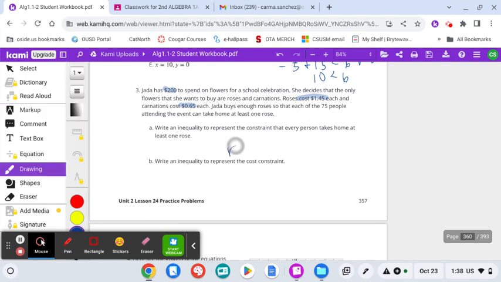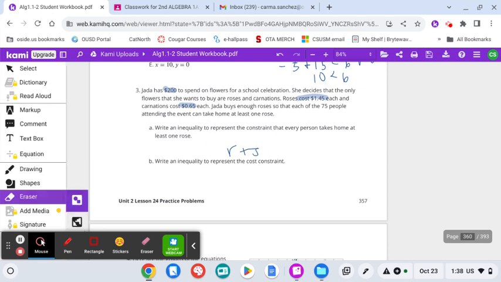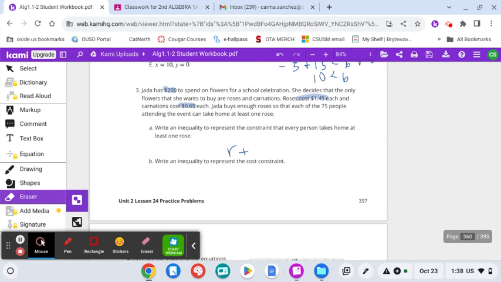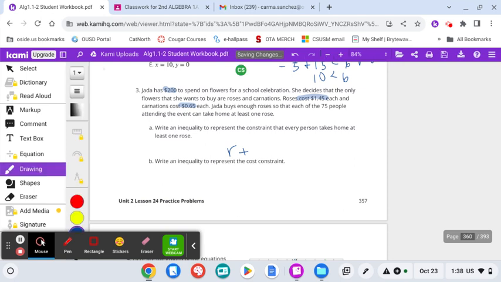So that second inequality is just going to be R and S. And you decide what symbol is going to go with, so that at least, we're going to use C for carnations. Do you think it can be greater than, equal, less than?